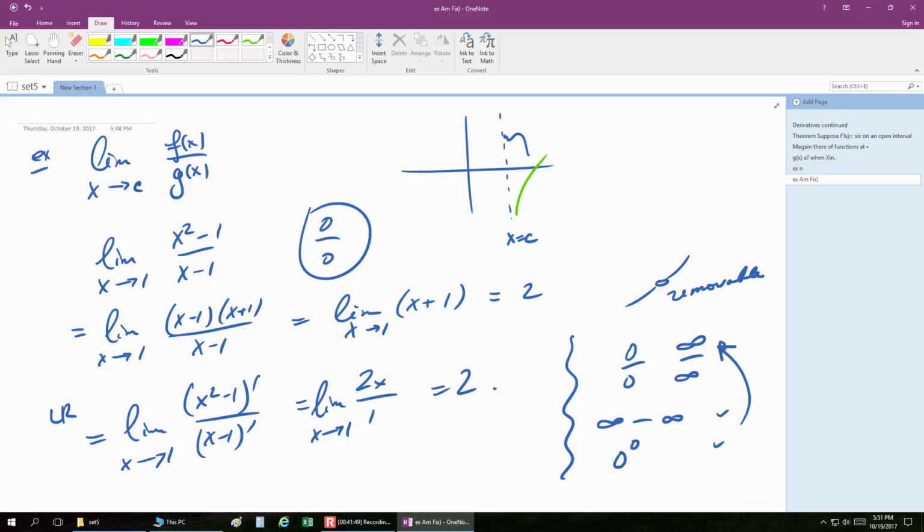And how do you convert subtraction into division? There is a function that does it. Addition, subtraction versus multiplication, division. Does it ring a bell?